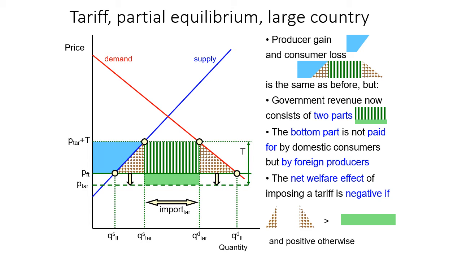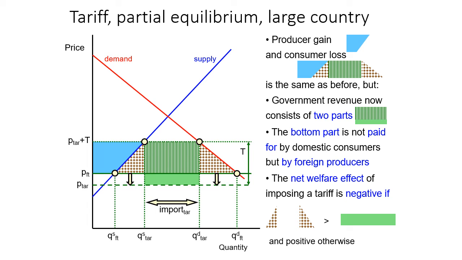Because of the adjustment, because of demand from a larger country reducing the price, there's actually more revenue gained by government. So government doesn't just earn that horizontal green part now, it also earns a solid green rectangle. So the amount of revenue has increased when dealing with a large country. All the other analysis is still the same.